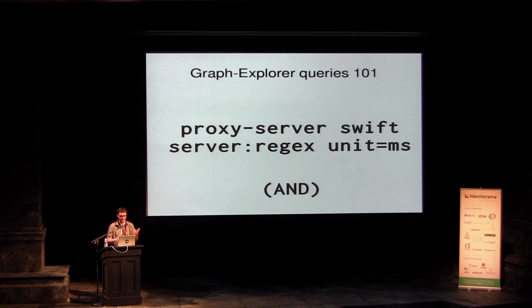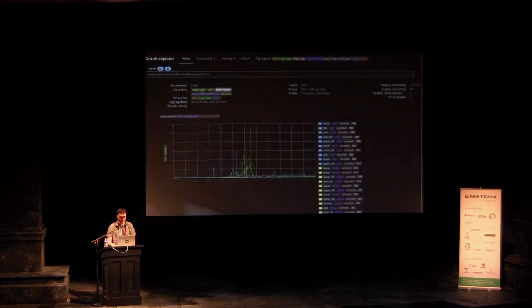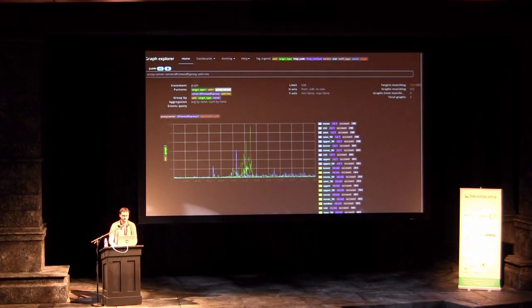And you can also specify conditions on your tags. So in this case, we're querying for all the metrics that have something to do with Swift, proxy server, coming from servers matching a certain regular expression, and that have a unit expressed in milliseconds. So that gives us this interface.